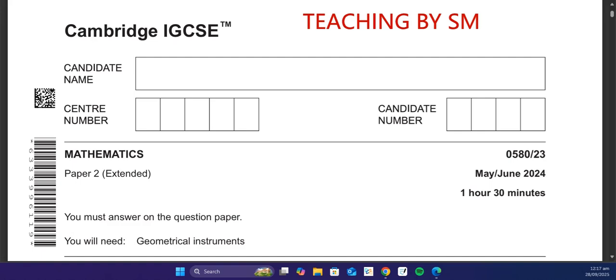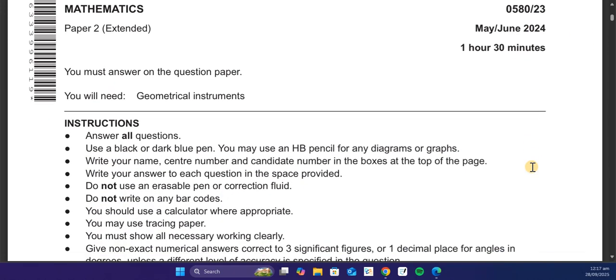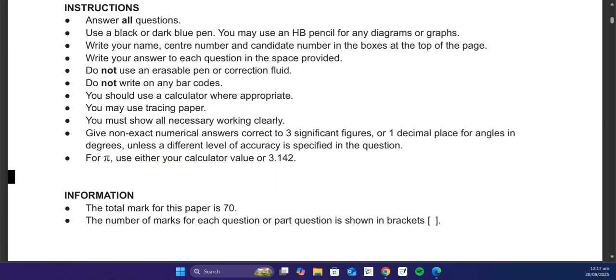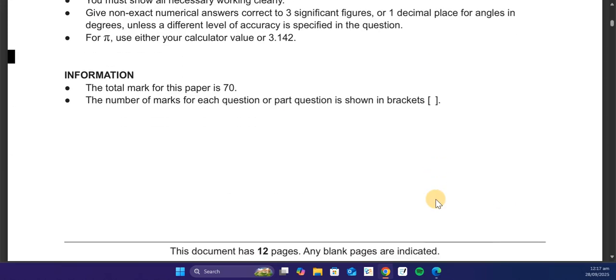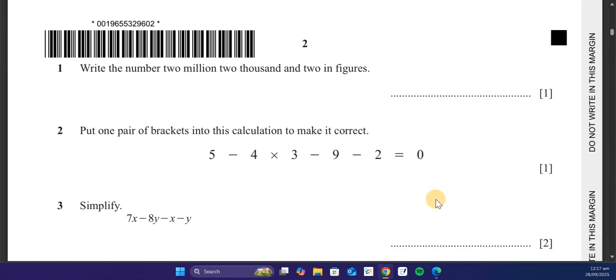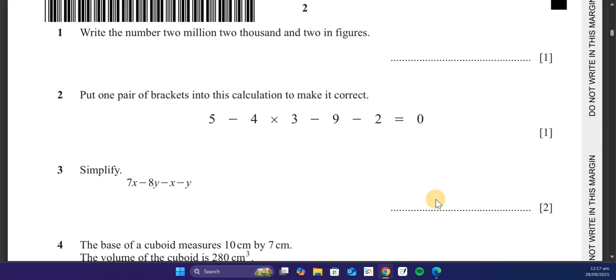Alright, let's start. So we have question number 1 over here, which is: write the number 2,002,002 in figures.